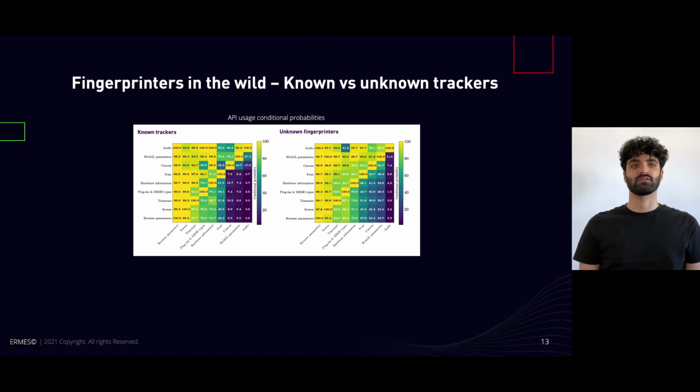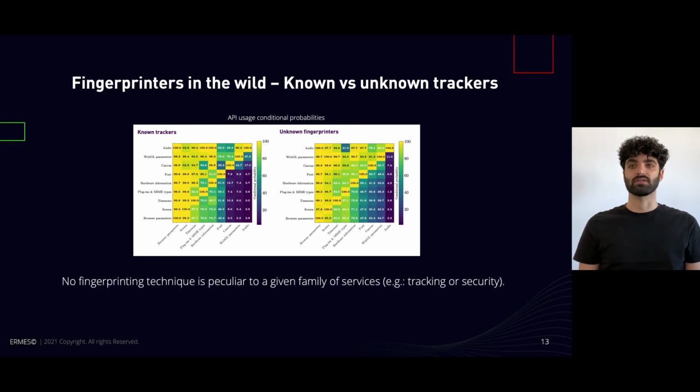And we can notice that the results are pretty similar between the two categories, with the difference of canvas and WebGL parameters being much more popular in unknown fingerprinters when compared to known fingerprinters. However, from these and other comparisons, we concluded that it is hard to automatically understand the purpose of the usage of fingerprinting techniques, and that differentiating between given families of services is very difficult when basing the differentiation on the set of used APIs.